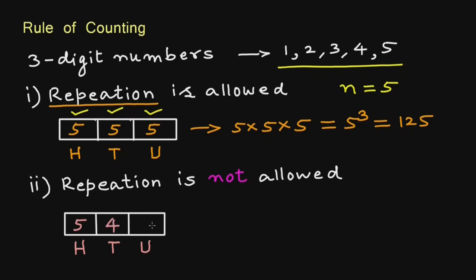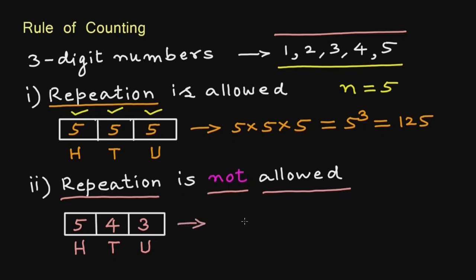And the units place can be filled in 5 minus 2, that is 3 different ways, because repetition of these digits is not allowed. So the total number of ways in which these three-digit numbers can be formed will be 5 multiplied by 4 multiplied by 3, that is 60 ways.